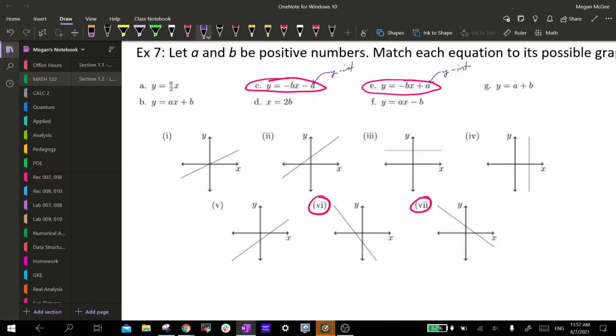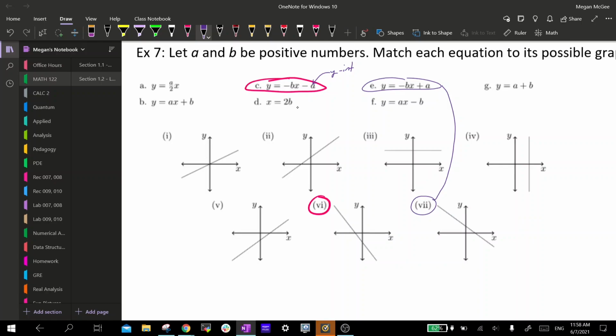So we have a positive y-intercept over here, and we see that this line is crossing the y-axis above the x-axis, where all of the y values are positive. So we're going to go ahead and match E to 5, 6, this is 7.